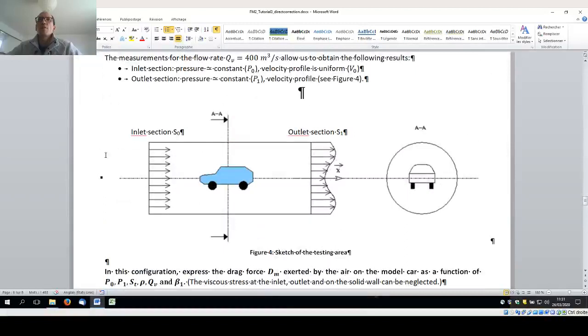So we have inlet section, outlet section, lateral surface, and the surface of the car.